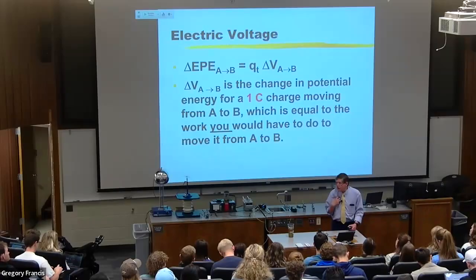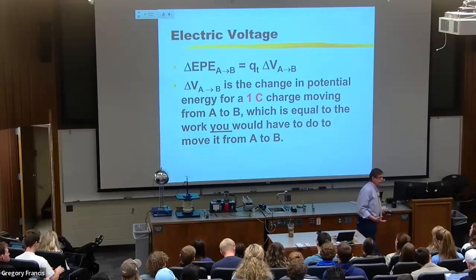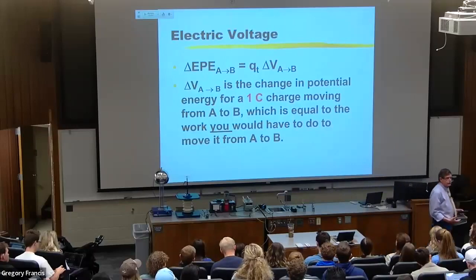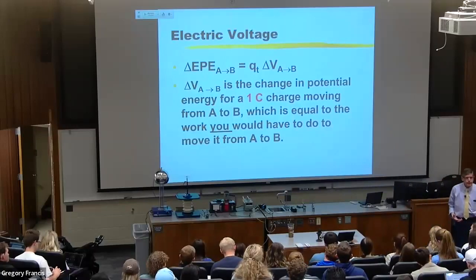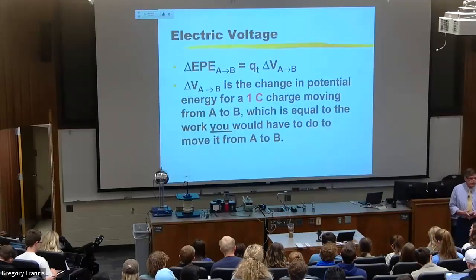All of my work, force times distance, went into filling up that electric potential energy bucket. And so all I had to do is figure out how much work I had to do to take it from A to B.